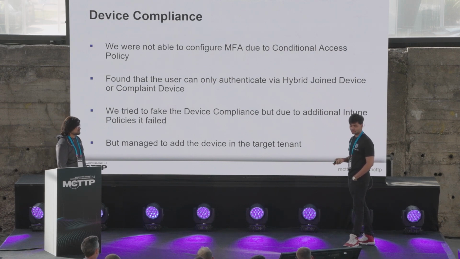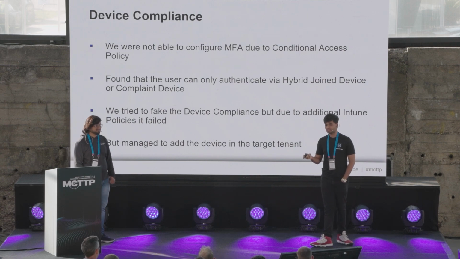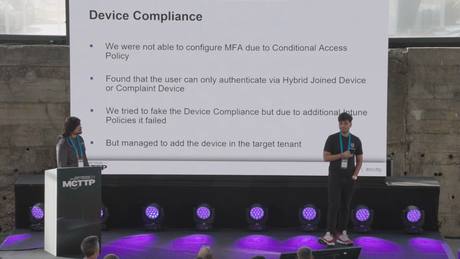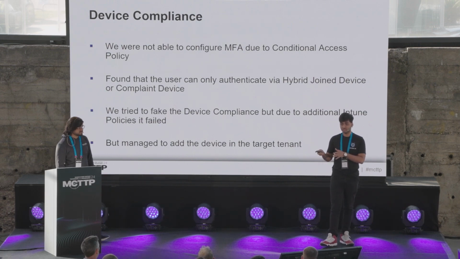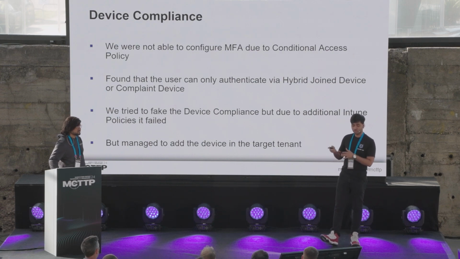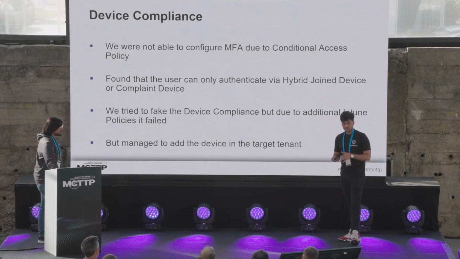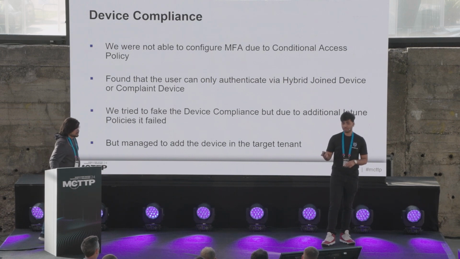We were not able to configure the MFA due to a conditional access policy, and the policy was something like you need to have a hybrid identity, like hybrid joined machines, and some other compliance requirements need to be met. Only then would you be able to do the MFA. Also we had an issue with the Intune policy as well. Due to some Intune policies, we were again not able to perform the MFA setup.